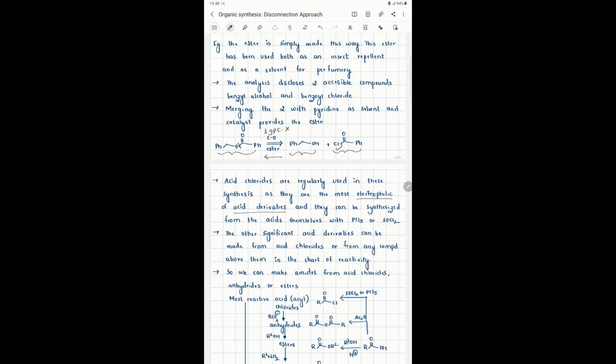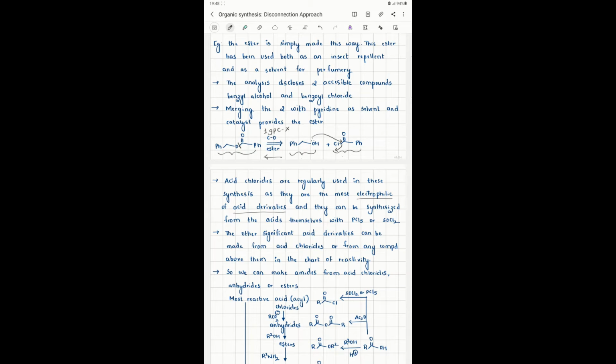Once they get attacked, that means the lone pair of electrons on oxygen attacks onto the carbon, and the chloride easily leaves, and hence they are the best systems for the synthesis of esters and amides. And they can be synthesized from acids themselves with PCl5 or thionyl chloride.